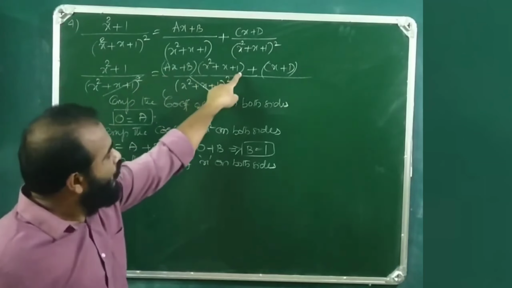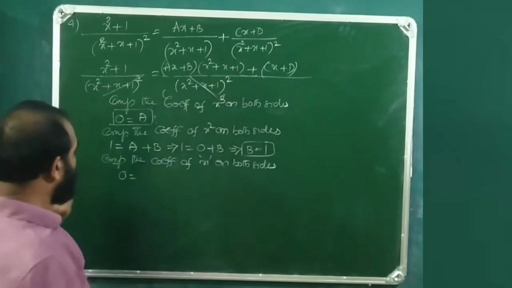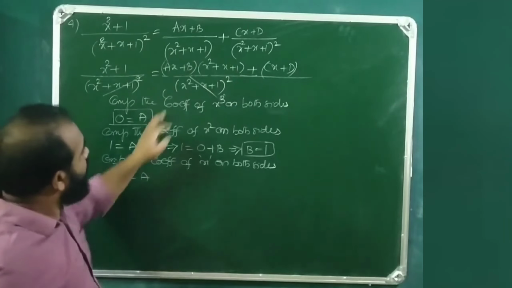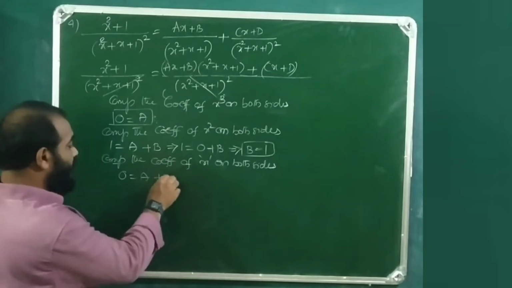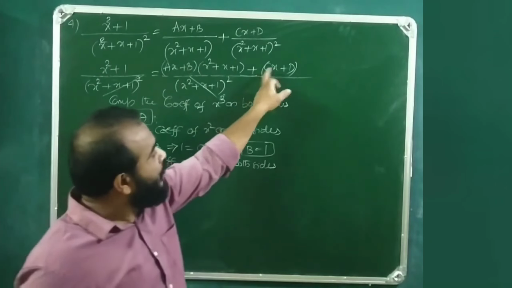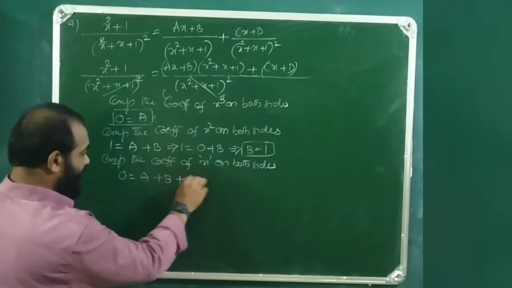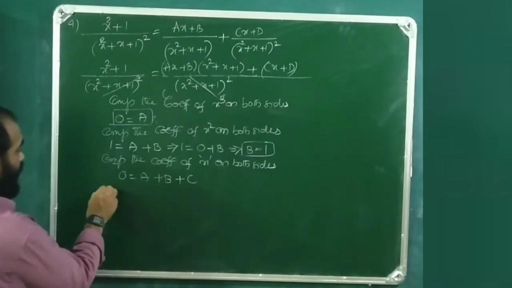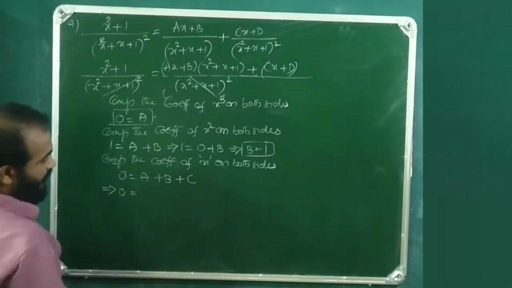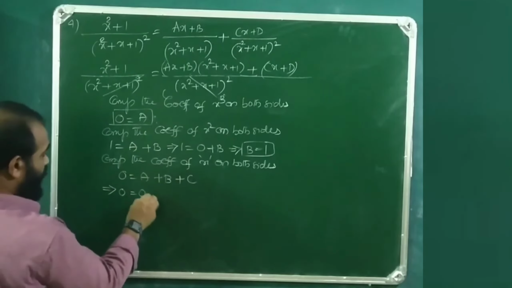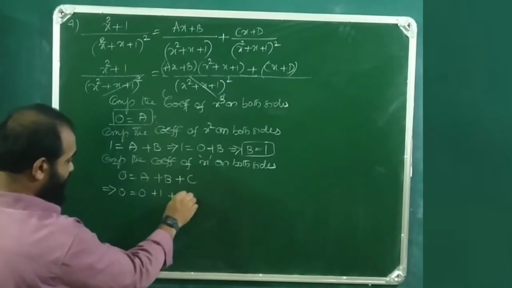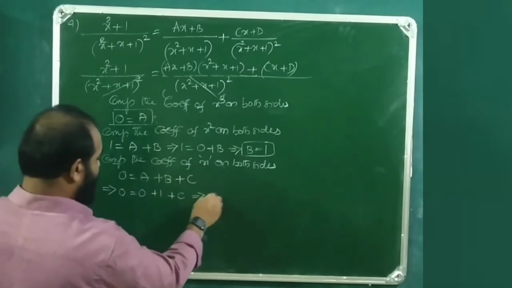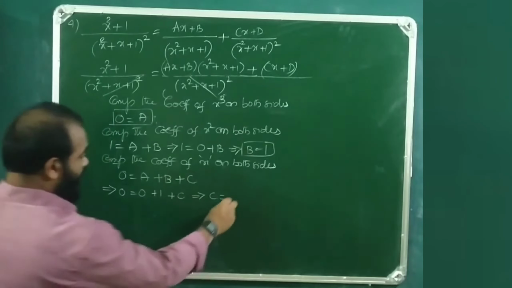So ax into 1, ax, so x coefficient is a. b into x, bx, x coefficient is b. Plus c into x, cx, x coefficient is c. So this implies 0 is equal to the value of a is 0, the value of b is 1, plus c. So from this c is equal to minus 1.